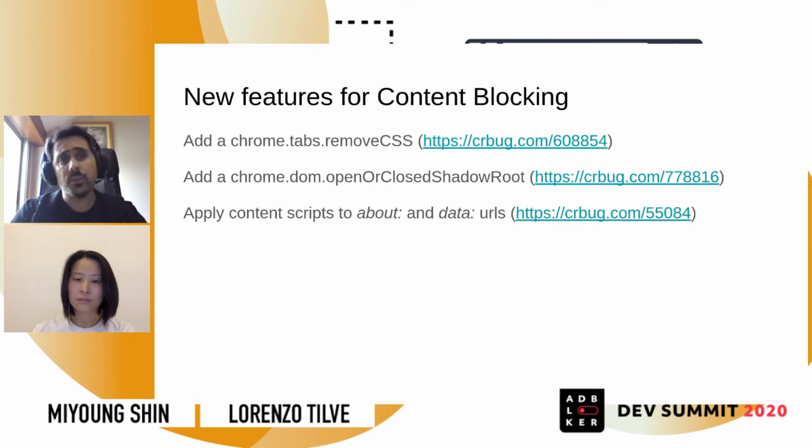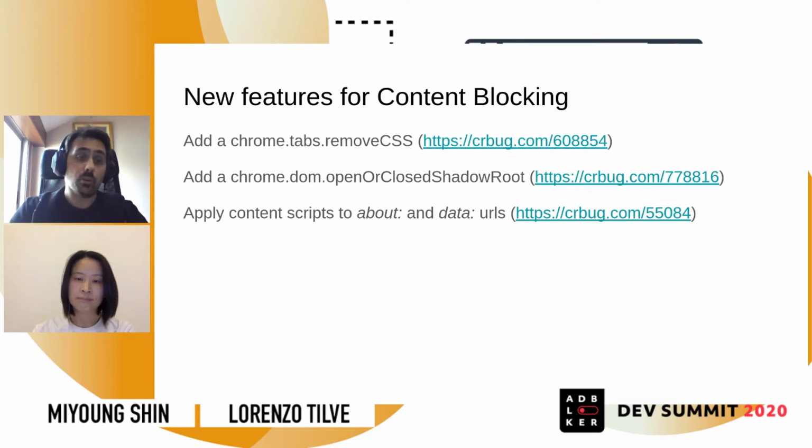So examples of these new features that are interesting, I will cite a few of them. We will be going into detail on how this was implemented and the whole process of review and integrating these changes into Chromium specifically. Related with remove CSS, with adding a new extension to open or closed shadow root.